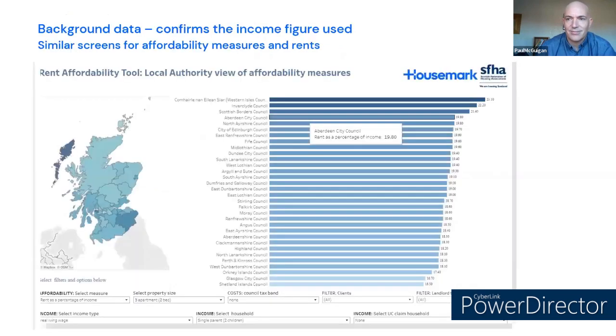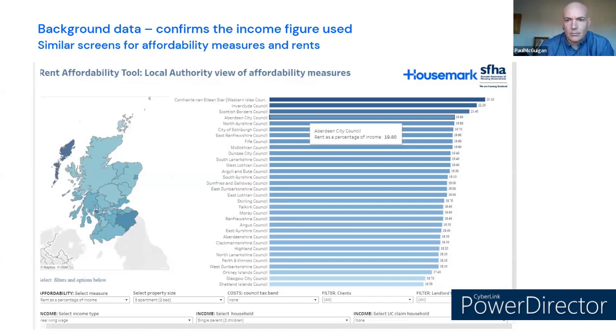If you could have the next slide, please. And then just some of the other tabs that sit along the screen and the background tabs. So Jim will maybe have time to show you this working as well. You can hover over the map, and as you hover, each local authority area will pop out and give you the data for that.